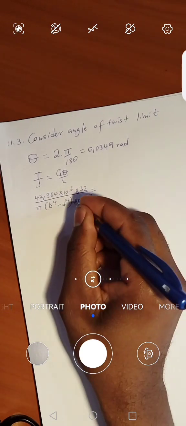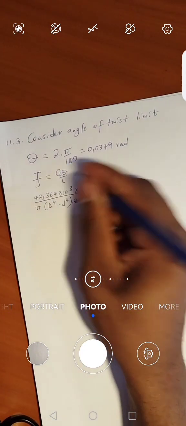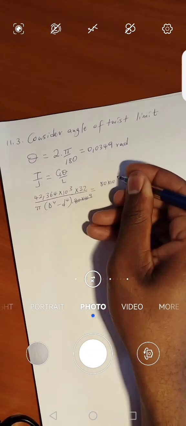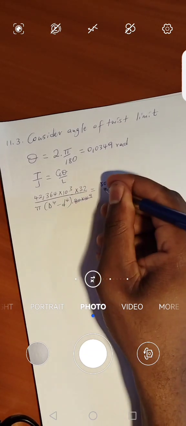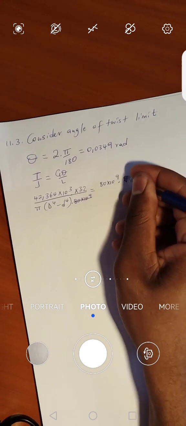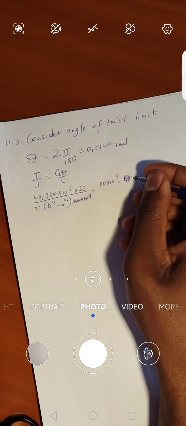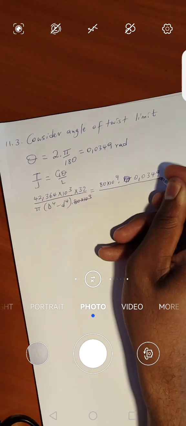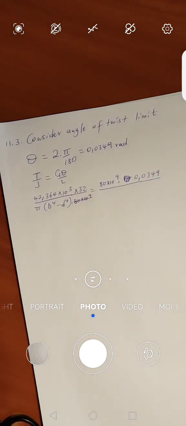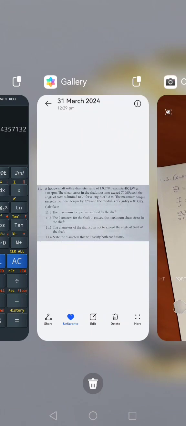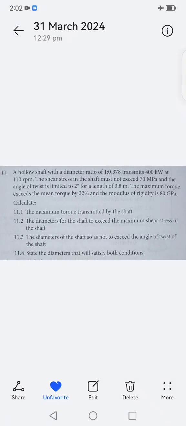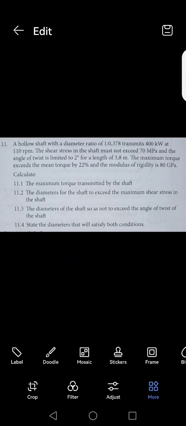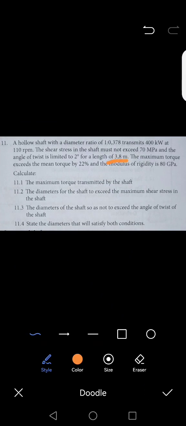No, I'm putting this thing in the wrong place. So G is here 80 times 10 to the power 9 multiplied by theta. Oh, sorry, theta is given as well. We calculated theta. Theta will be 0.0349 over L. L is the length of the shaft. So the length is what? 3.8. So the length is 3.8. It is this one there.